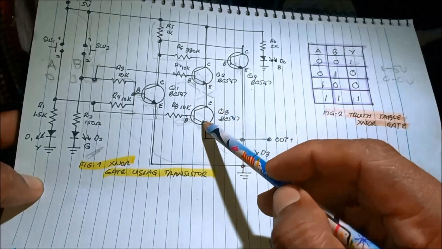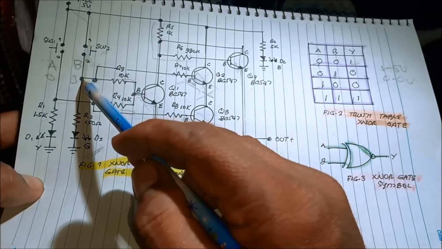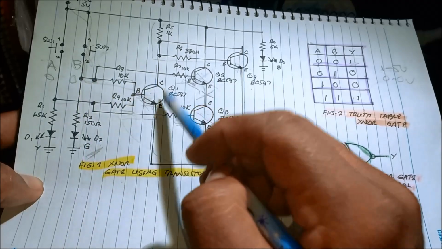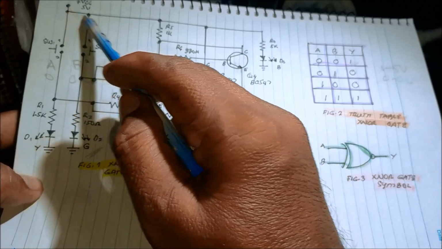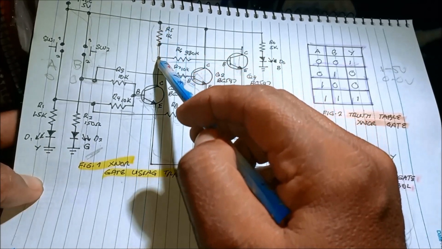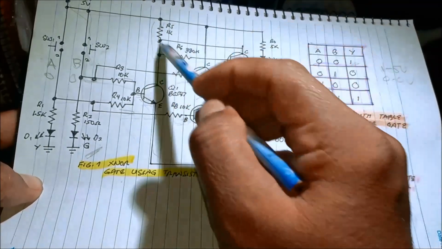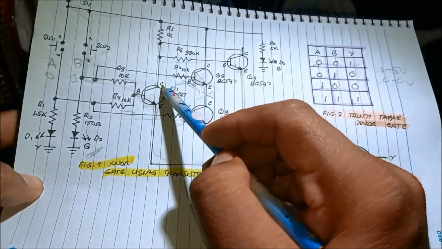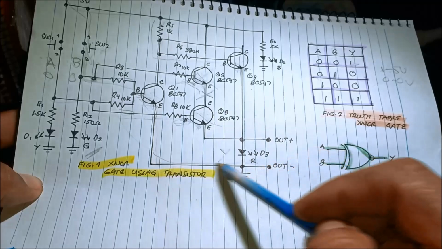Also here, since we're injecting current to the base of this transistor, it will turn on this transistor because the current also flows from R5 to the collector to emitter and then to the ground.